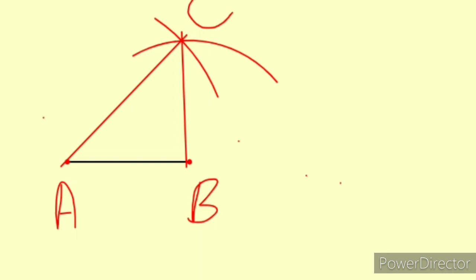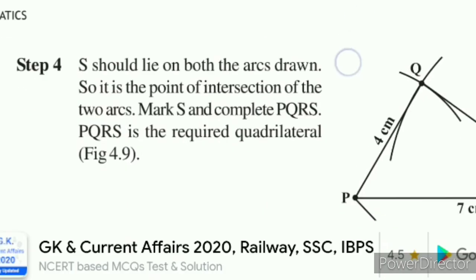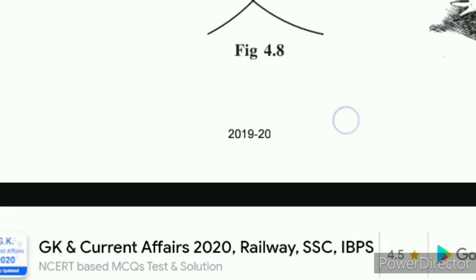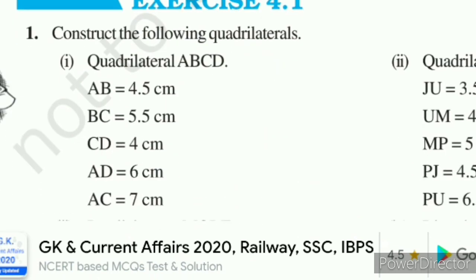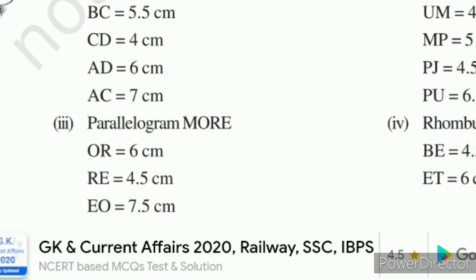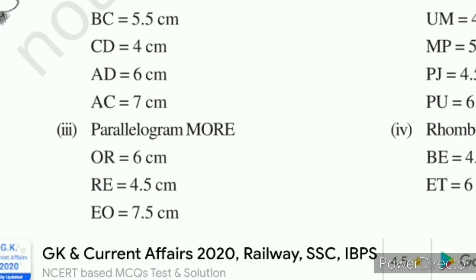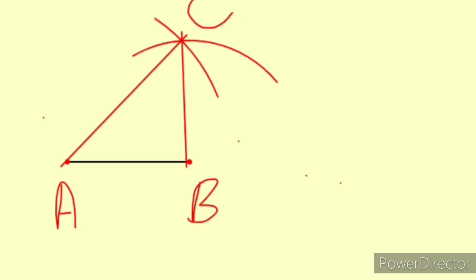Next, remaining two sides AD and CD. AD is 4 centimeter, isn't it? What is the measure of AD? Sorry, AD is 6 centimeter and CD is 4 centimeter.